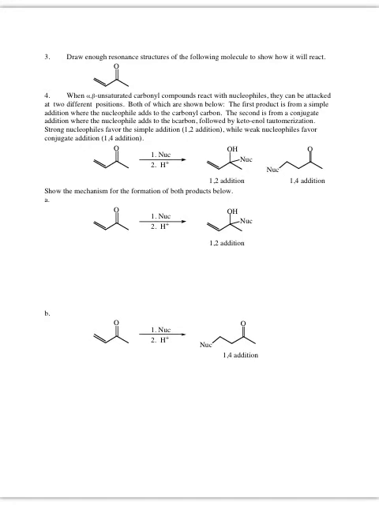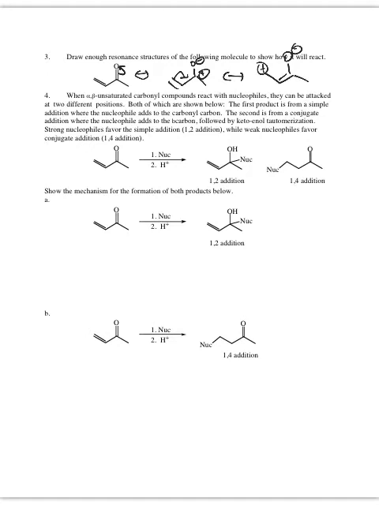Now since we've made some alpha beta unsaturated carbonyls, we can draw resonance structures for them to see how they're going to react. The first resonance structure would be breaking the carbon-oxygen double bond to give us a negative on the oxygen and a positive on the carbon, and then we can send the electrons on the double bond towards the carbonyl to give us a positive on the beta carbon.